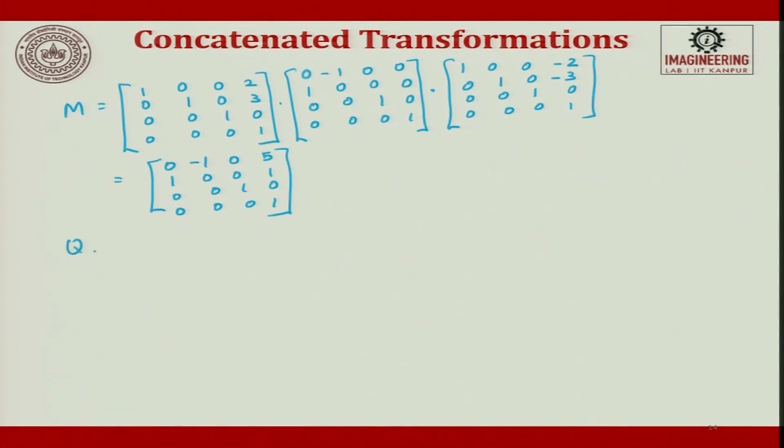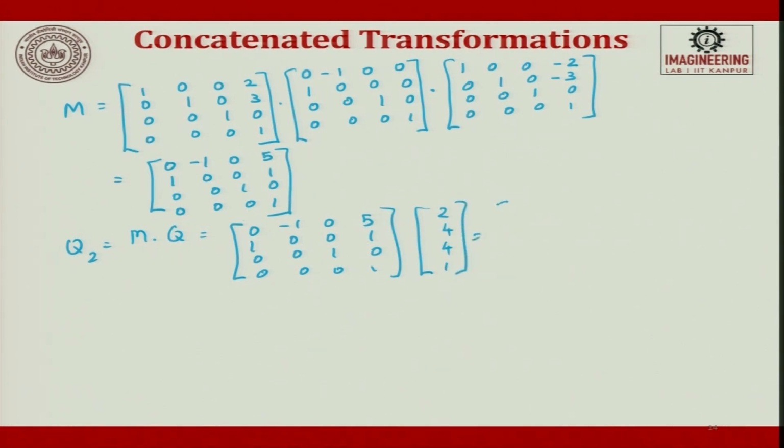Okay. So, now when we try to do Q2 is nothing but M into Q, which is nothing but M, 0 minus 1 0 5 1 0 0 1 0 0 1 0 0 0 0 1 multiplied by Q. Q is nothing but 2 4 4 1. So, we try to get a new point as 1 3 4 1.